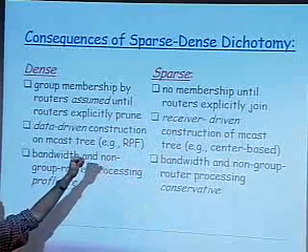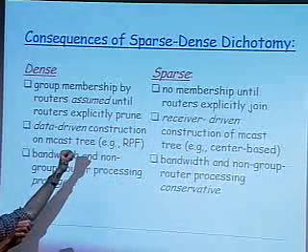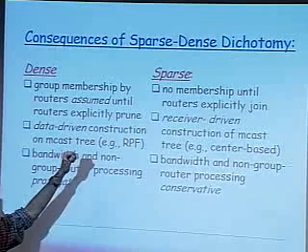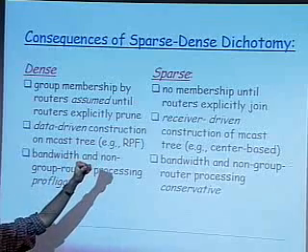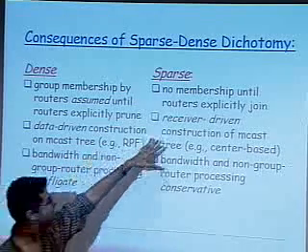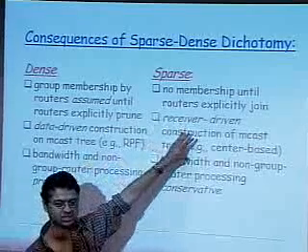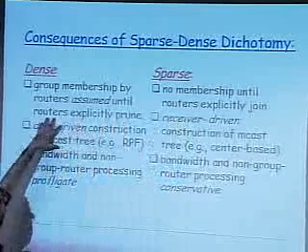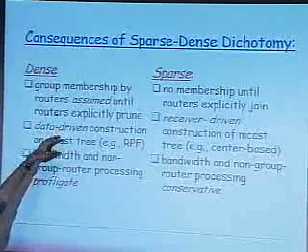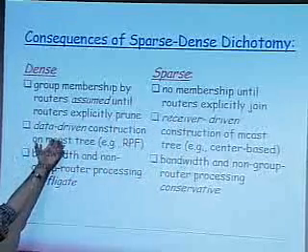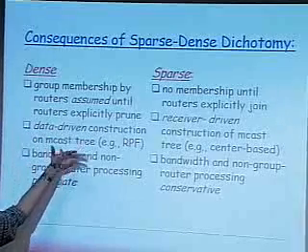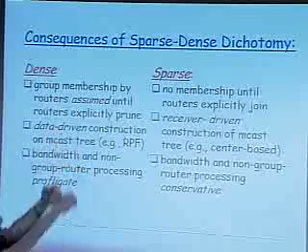When the receiver explicitly joins the group, then routers on the path become part of the multicast tree. So here the construction of the multicast tree is based on control messages in the sparse mode, and in the dense mode there are no explicit control messages. The tree is constructed by the data messages, but the pruning is done by control messages.